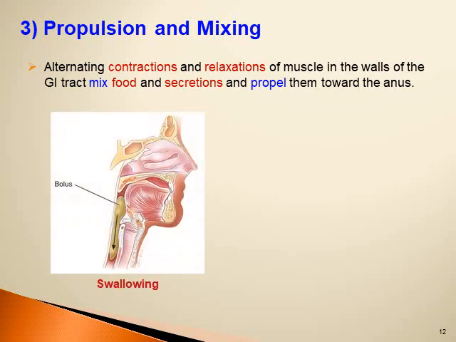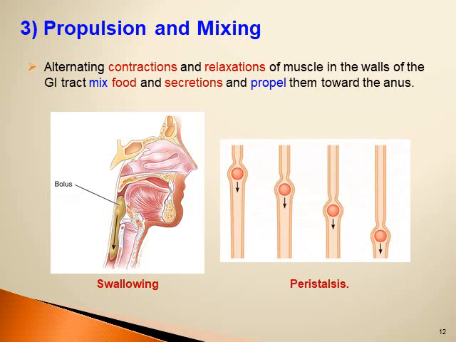One of the propulsion motility patterns is swallowing, and the other pattern is peristalsis, and we'll study these two patterns in detail in the coming slides as well as in the coming lectures of the digestive system, inshallah.